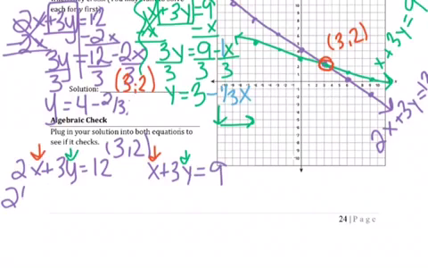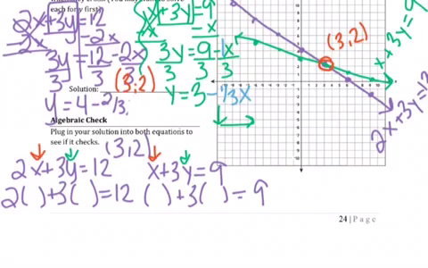So I'm going to have 2 groups of x plus 3 groups of y is equal to 12. Then 1 group of x plus 3 groups of y has to equal 9. I think x is 3, so I'm going to plug in 3 for x. And I think y is 2, so I'm going to plug in 2 for y's. Now you're just going to simplify each, and hopefully it checks out on either side.